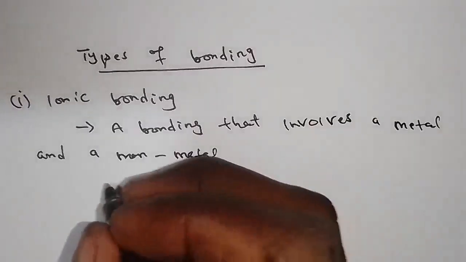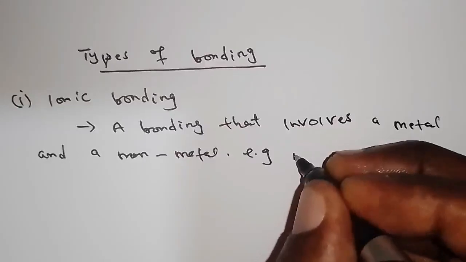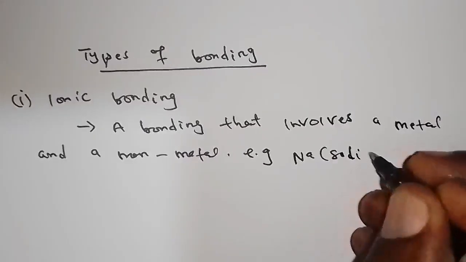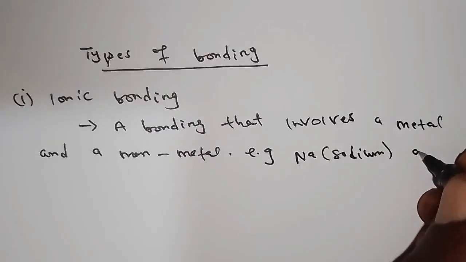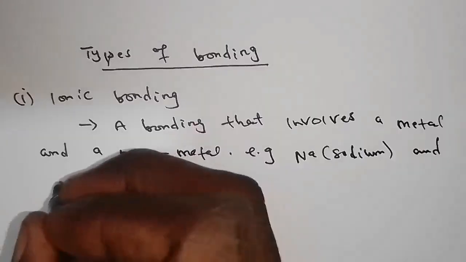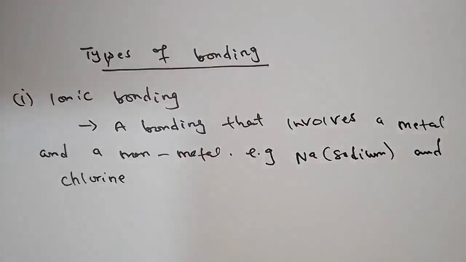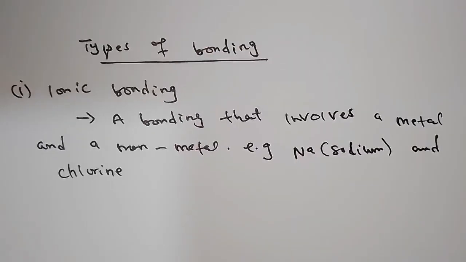So in this case, for instance, you can have sodium and chlorine combining to form a chemical bond, to form a compound.